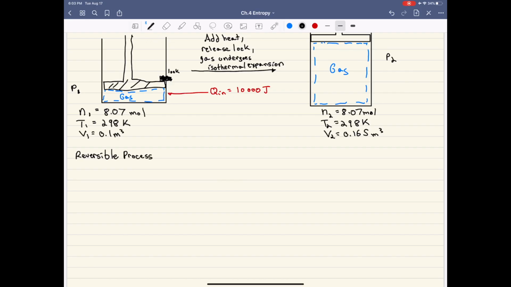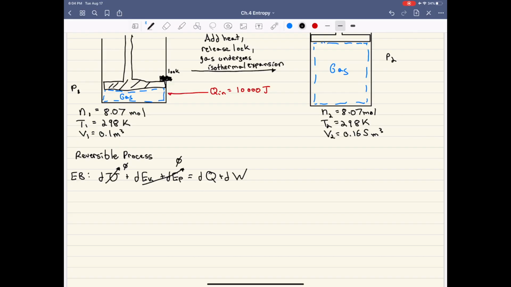And so for the reversible process, if we begin with an energy balance, we have a closed system, and we're going to write the differential form of the energy balance. In this system, it's isothermal, so change in internal energy is equal to 0, and assuming this is an ideal gas. We'll also assume that changes in kinetic and potential energy are also negligible.